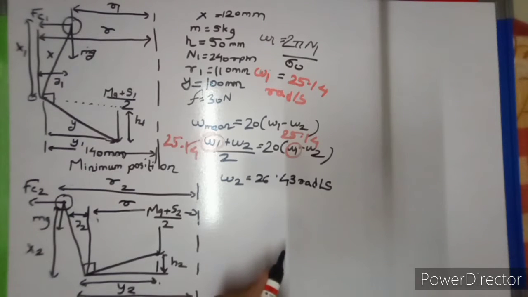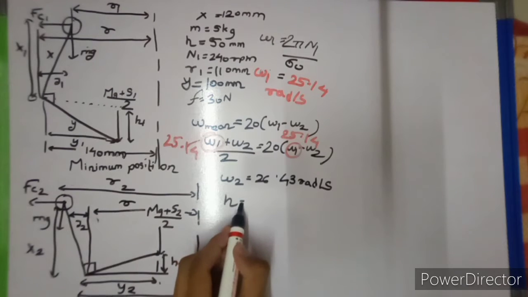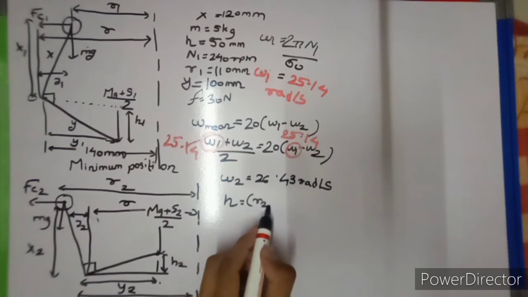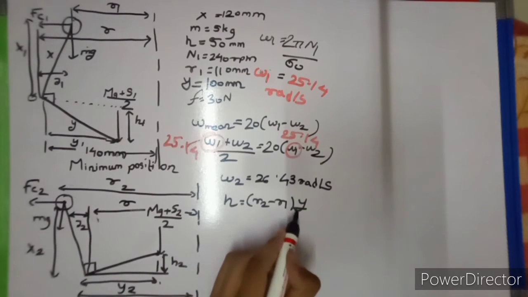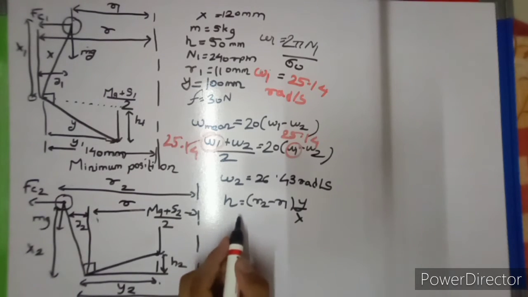Next, this formula, as I explained in the derivation, the relation between h and y by x: h is equal to r2 minus r1 into y by x. We know r1 is 110, the ball path from the governor axis, and we want to find r2.